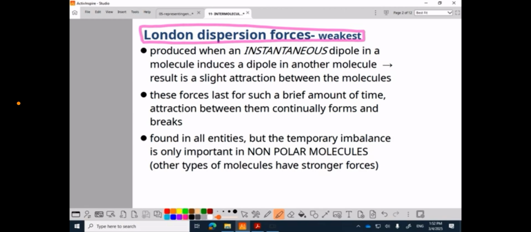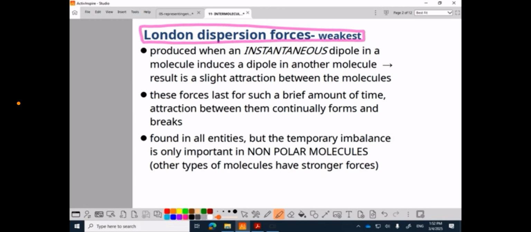So if you have a magnet and you put it near a molecule, the electrons are always, always, always moving and spinning, so maybe in an instant, one side of the molecule, the electrons have spun toward that side and made a slightly negative spot, which would then induce in a neighboring close molecule a slightly positive attraction, or it would change its dispersion of electrons.